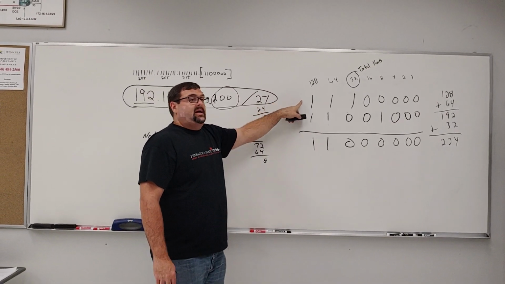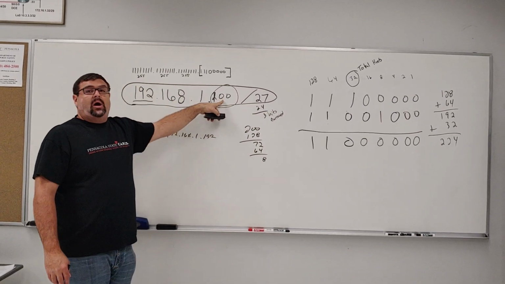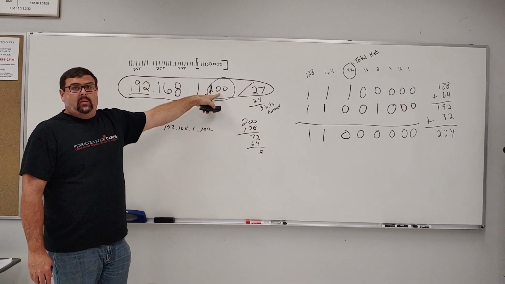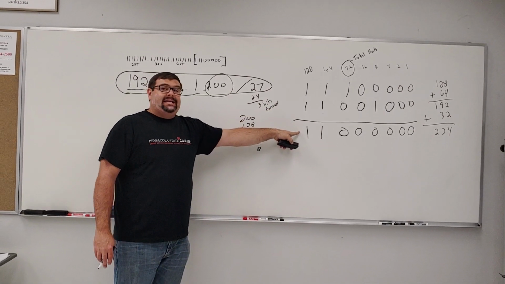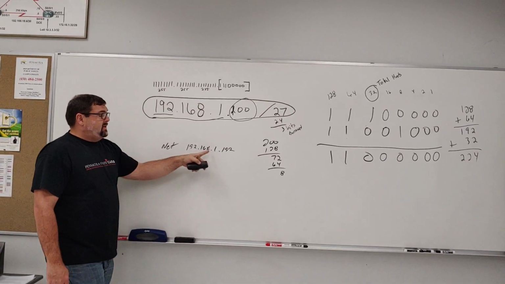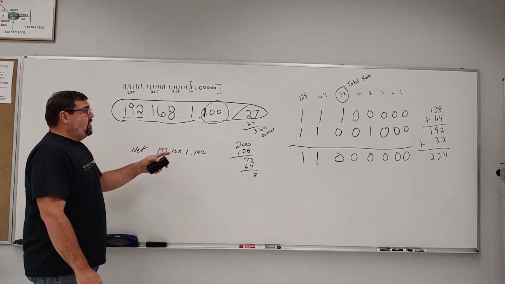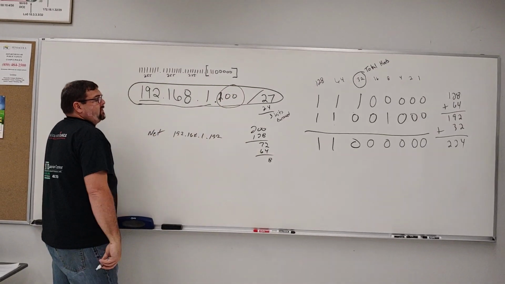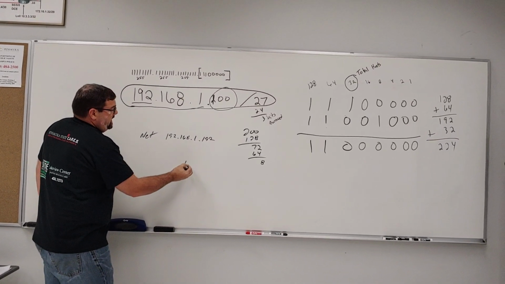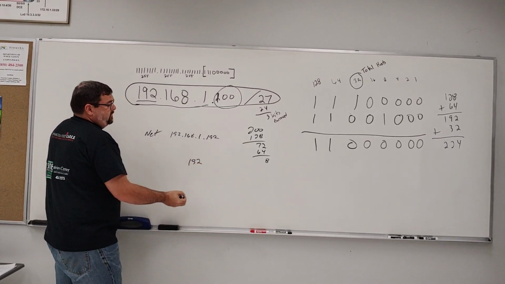So once you've got this top part, I could change this number all day long. And all I'm going to be doing is changing this, which is going to change my ANDing, which is going to give me a different network address, which is going to tell me the group of computers that that number can talk to. So I know it can talk to 192.